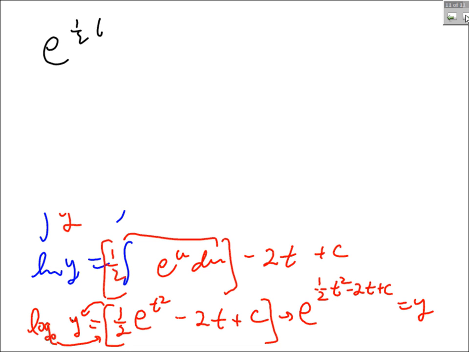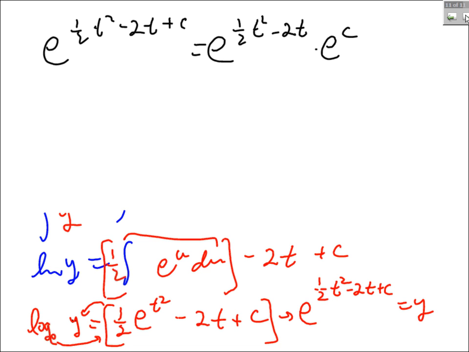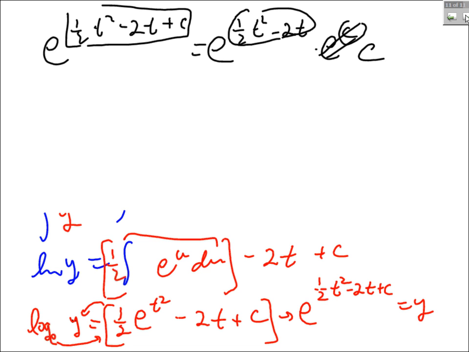Well, isn't that the same as e to the 1/2 t squared minus 2t times e to the c? Because you would then take this exponent and add c to it and say it's e to that sum, which is just what I have. But e to the c is just c, and I can put the c in front. I'll put the c in front, and that is what y is equal to.